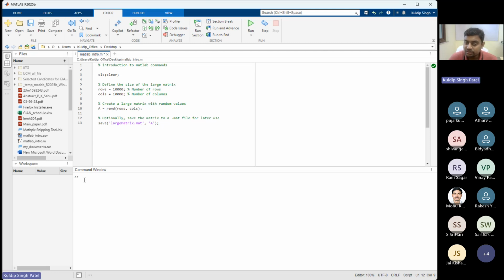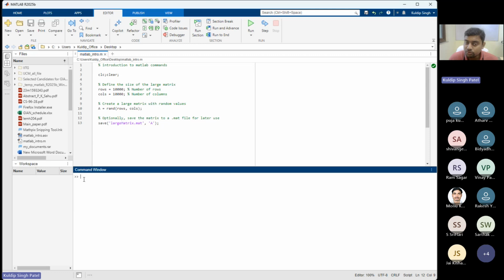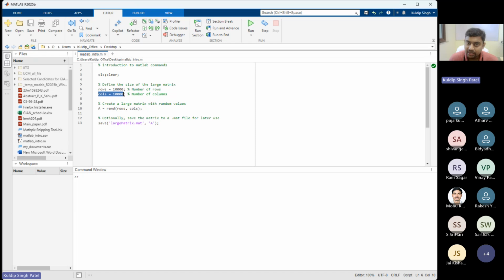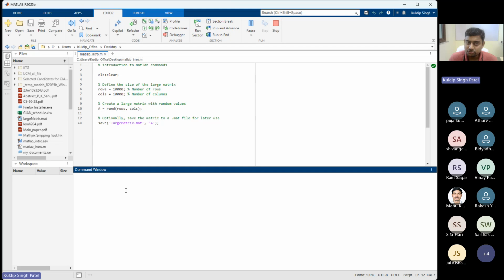Rand basically generates random values, but suppose you don't know about rand. Rows you have defined, columns you have defined, A is this, and then A you are generating, and you run it. 10,000 by 10,000. You run it and you get this.